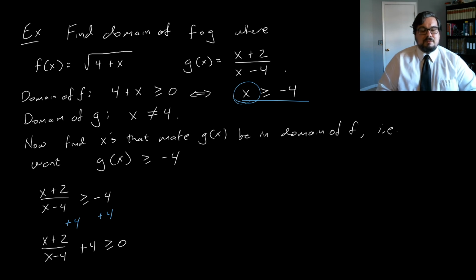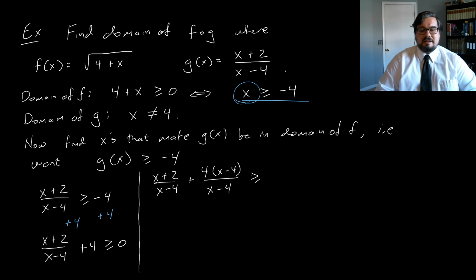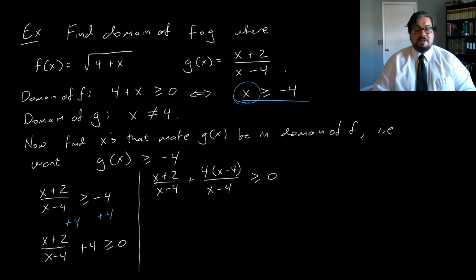Now, (x plus 2) over (x minus 4) plus 4, we need to combine into a single fraction, so we'll multiply this 4 by x minus 4 in the numerator and denominator, getting us a common denominator between these two.